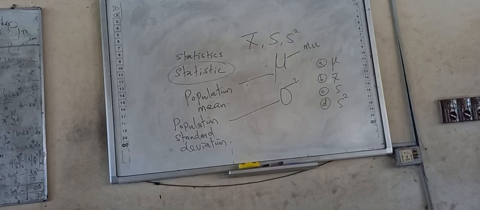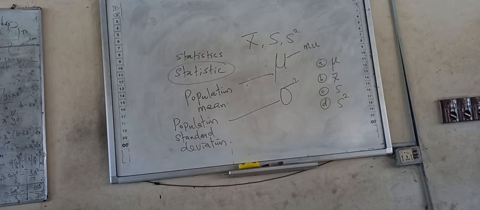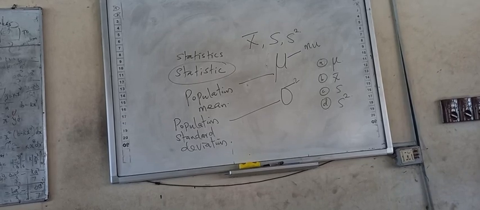Follow the question, though. Parameter. I said, which of the following is not a statistic? We all agree it is A. If A is not a statistic, what is A? It's going to be a parameter. You must understand the question, though.